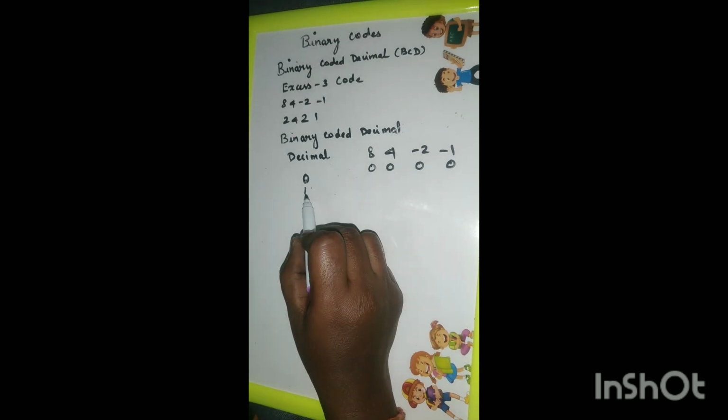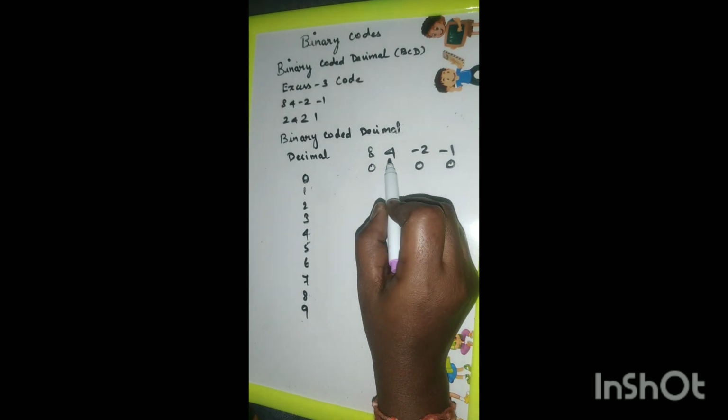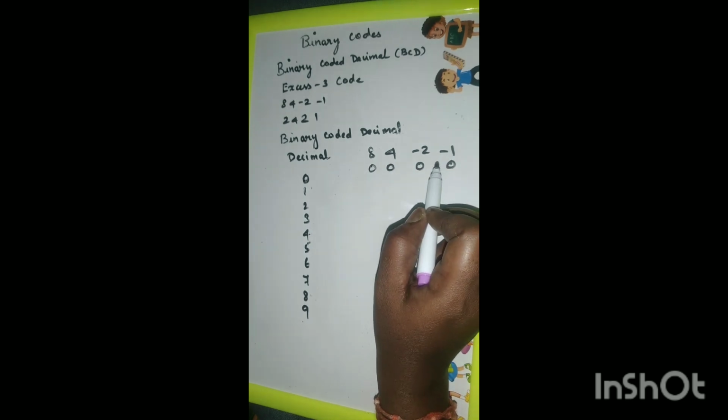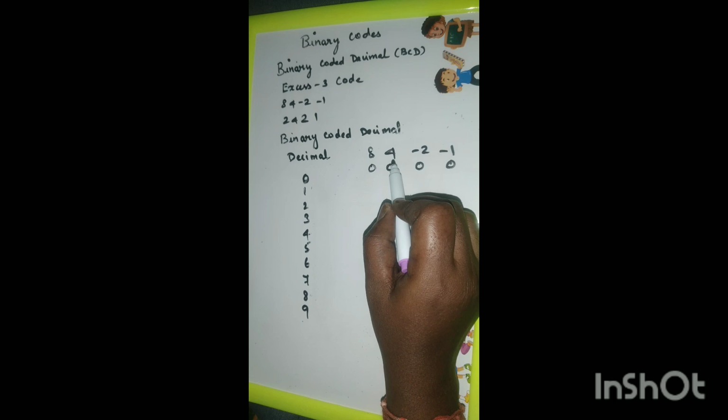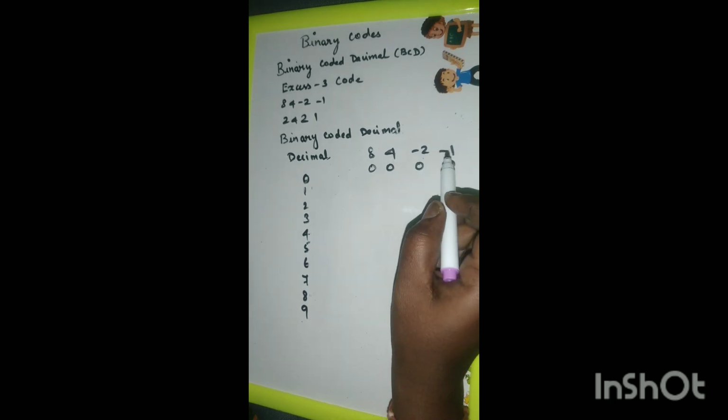For 1, we should choose the weights from 8 4 minus 2 minus 1 whose sum should be equal to 1. Here 4 minus 2 is 2, 2 minus 1 is 1.